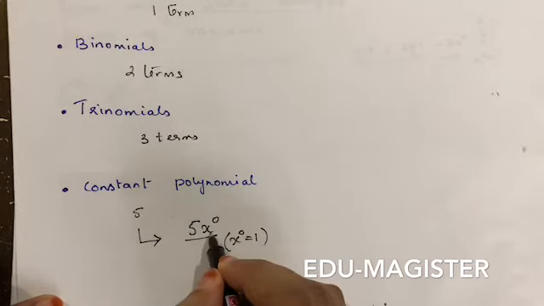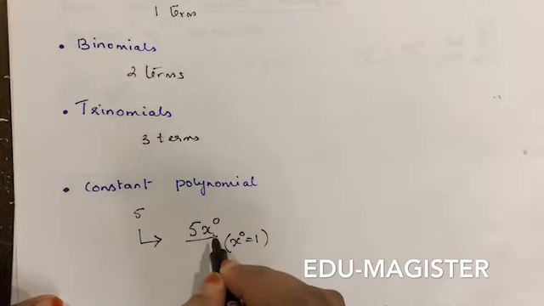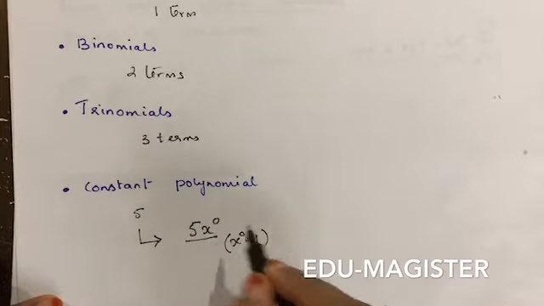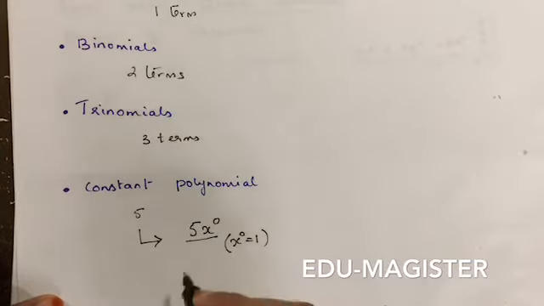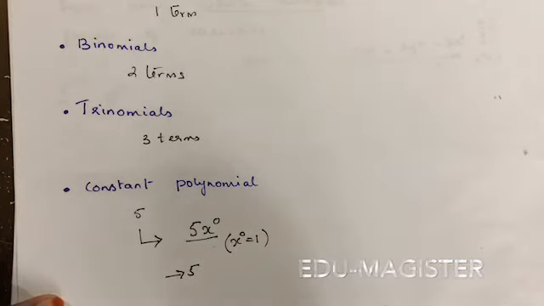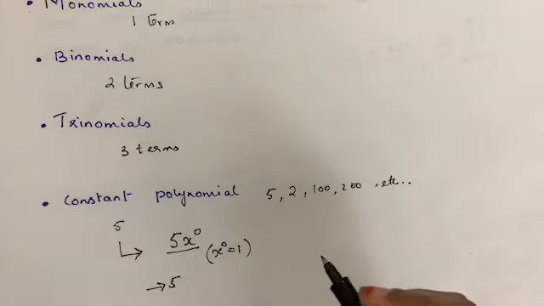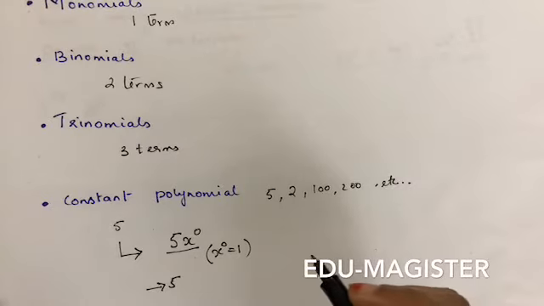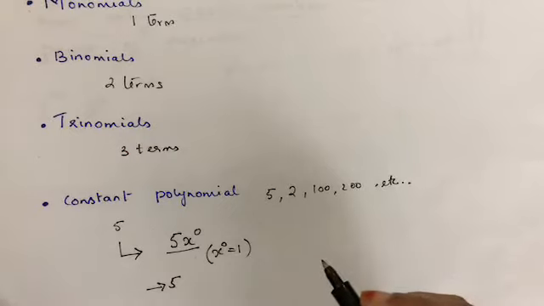Isn't the power of x a whole number? Because 0 is a whole number, right? Yes. So 5x raised to 0 is a polynomial. So now can I say that 5 is also a polynomial? Right? So any numbers like 5, 2, 100, 200, etc. can be called as a constant polynomial.